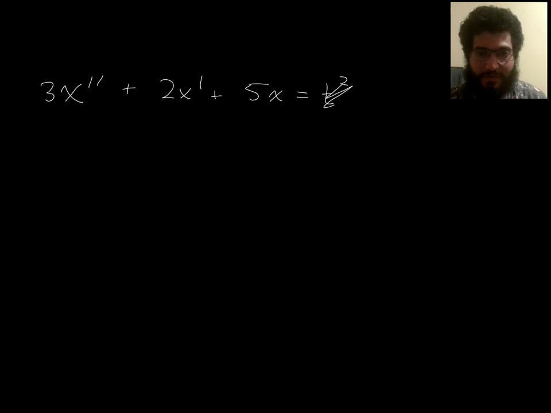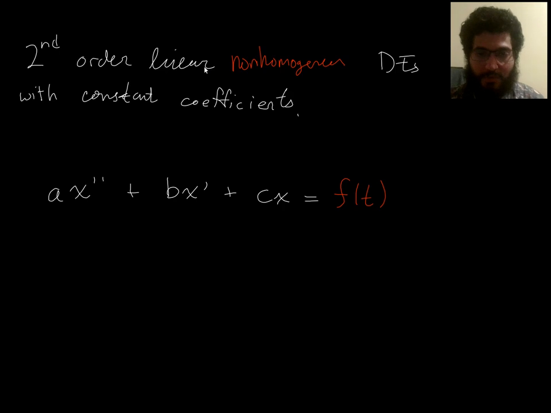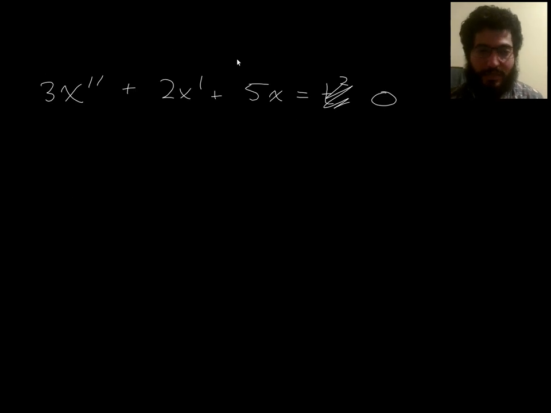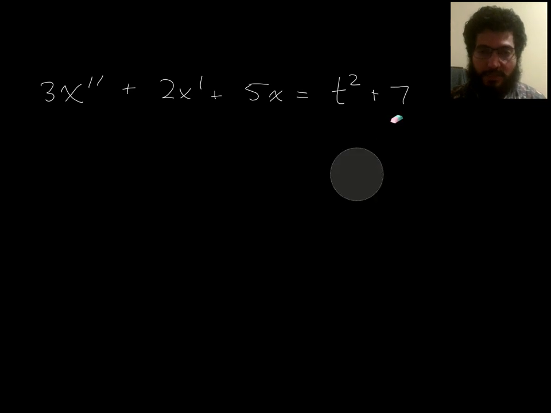If I had 0 over here, then this would be one of our usual second order linear homogeneous equations. But if instead of 0 I put something like t squared or t squared plus 7, then that's non-homogeneous. Or if I just put 7, then that's non-homogeneous.